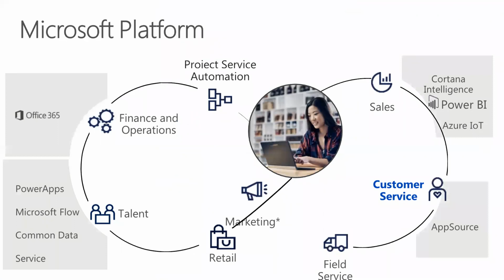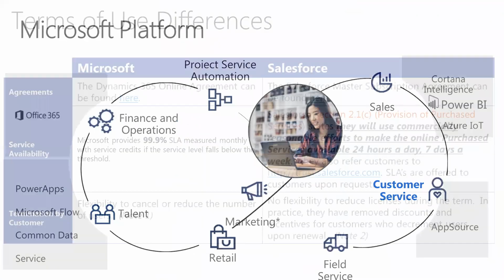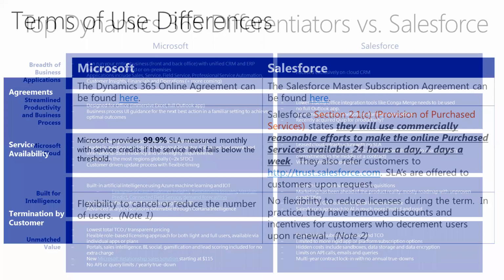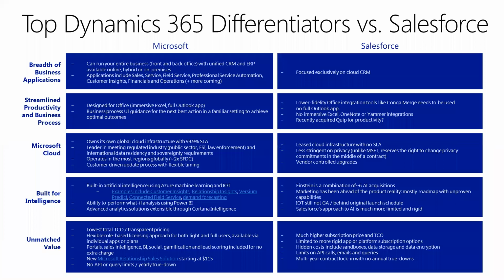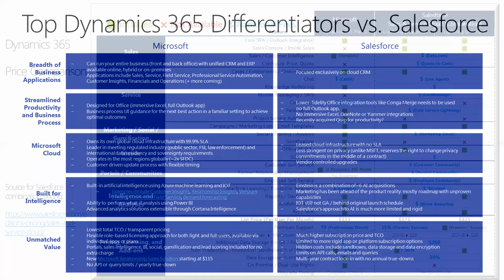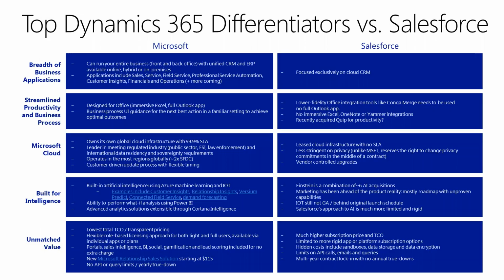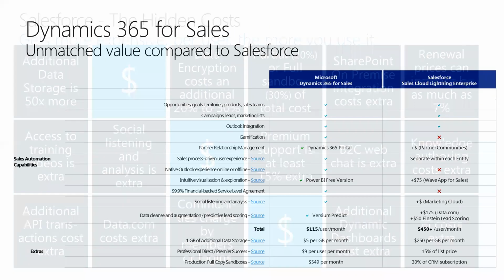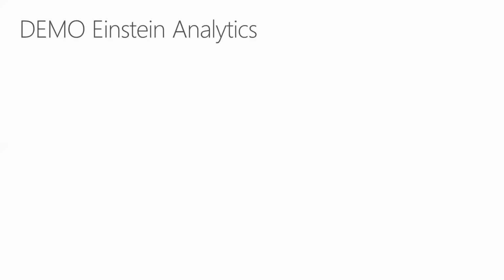I showed you what the Microsoft platform is, and then the differences in terms of usage, and then the top differentiators between Salesforce and Dynamics 365, and where Dynamics 365 wins. The price comparison also I showed you, and the sales comparison, and some hidden costs which are there for Salesforce.